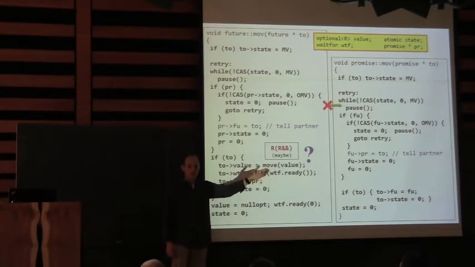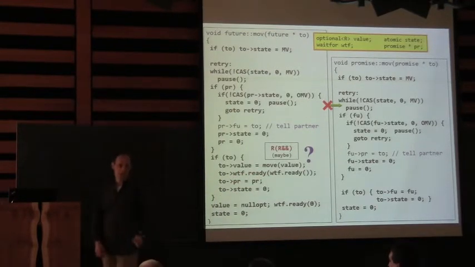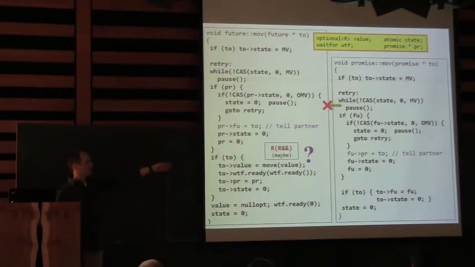Well, it doesn't have to set a flag. It can erase the future pointer, which is a flag to say, if you try to set the value, I'm going to throw an exception. It's gone. So it will never be waiting on this other guy because it no longer is connected to the other guy. So that's good because I don't like waiting for an unknown amount of time in a crappy spin lock while stuff is going on.